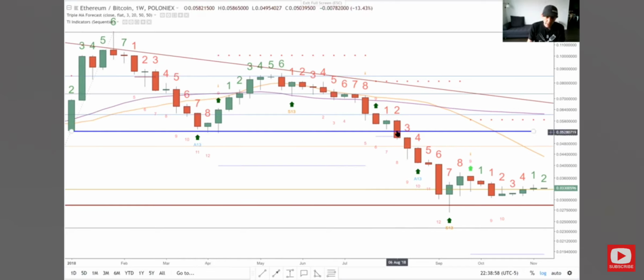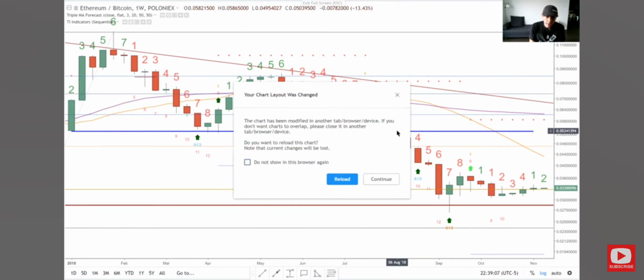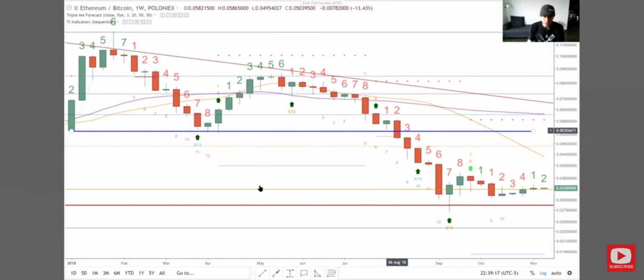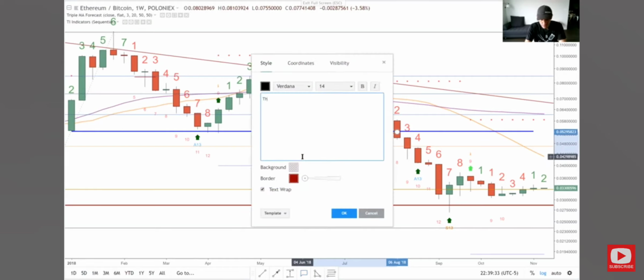But look what happened the second time Ethereum approached yearly lows. If you have no idea what you're doing as a trader, then you will laugh at a person shorting the yearly low. But that is the low to trade. This is the yearly low.